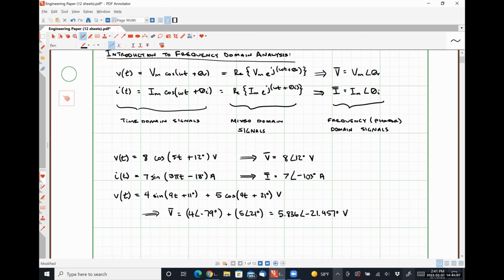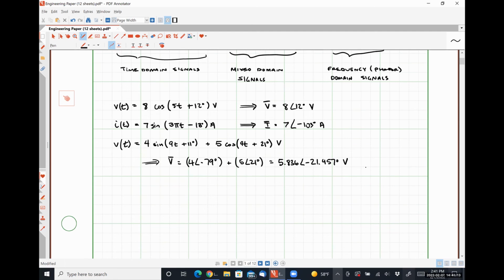Okay. So the first thing is that we need to know what our angular frequency is, okay? So if I give you something like, let's say I have a phasor voltage is 8 angle 14 degrees volts at a frequency of omega equal to 6 radians per second.